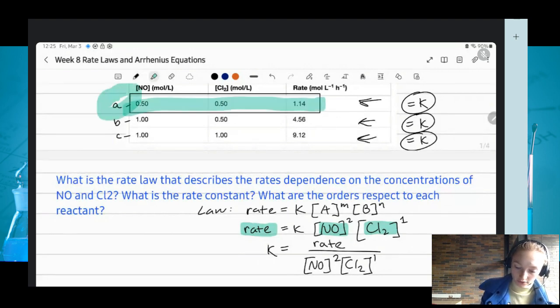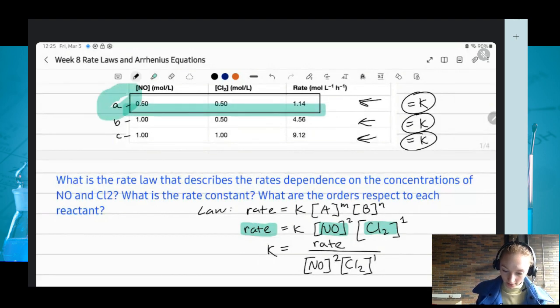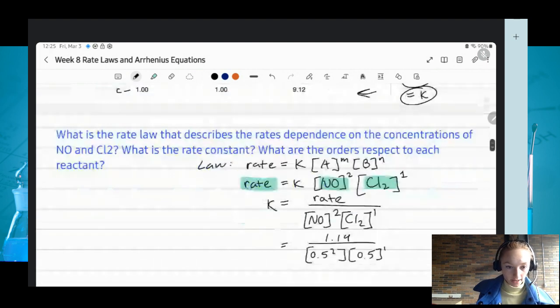So for the concentration, it's going to be 0.5 on the bottom squared, and then one of these is going to be to the first power, so 0.5 to the first, and the rate of reaction is 1.14. Okay, and so when we solve all of that out, we will get a value of 9.1.